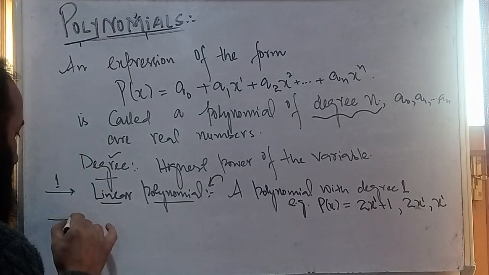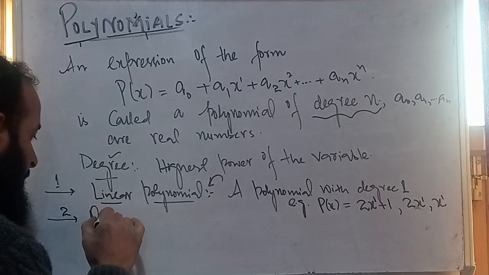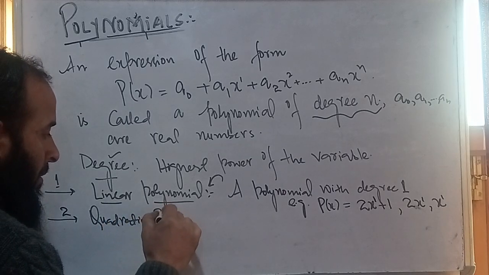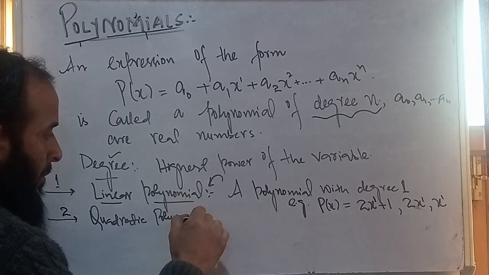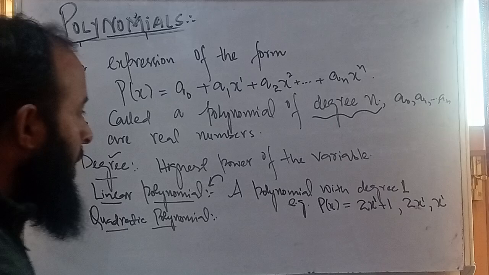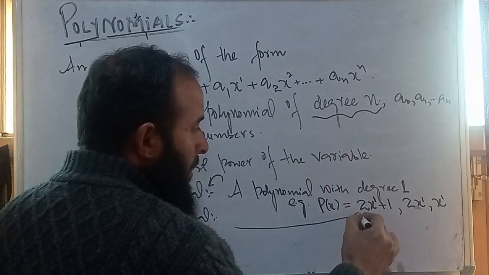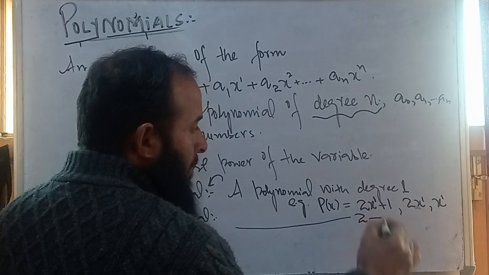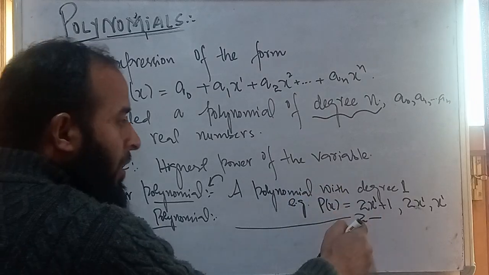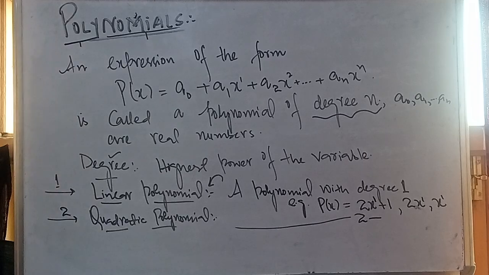Likewise, a quadratic polynomial is simply a polynomial with degree 2. A polynomial with degree 2 is known as a quadratic polynomial.